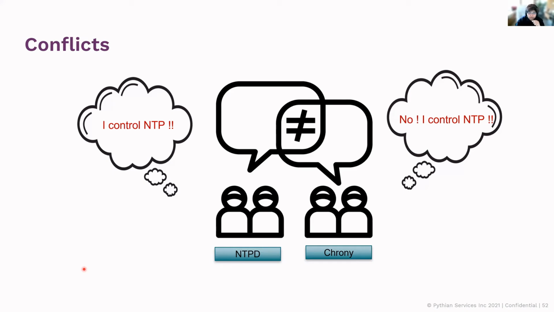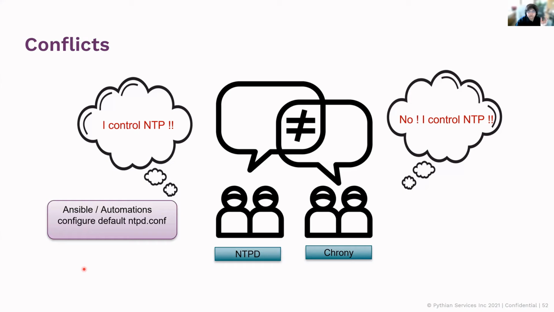This can usually happen when you've got automations, Ansible playbooks, system automations that by default configure your ntp.conf file with your time servers, which has been happening with all the Oracle Linux lower versions, 5, 6, 7, or whatever flavor of Linux you're on.